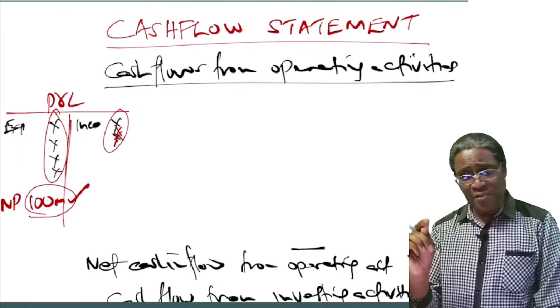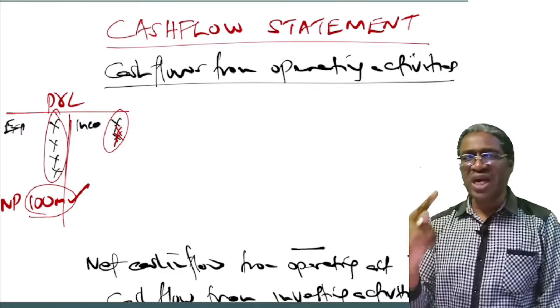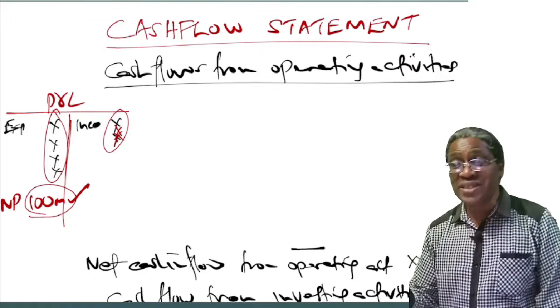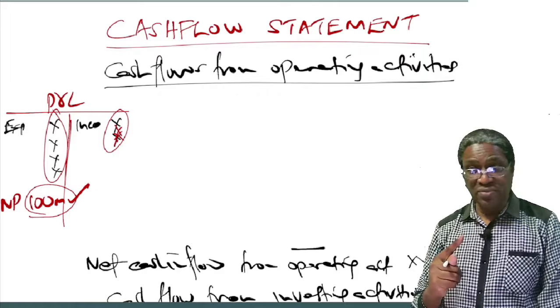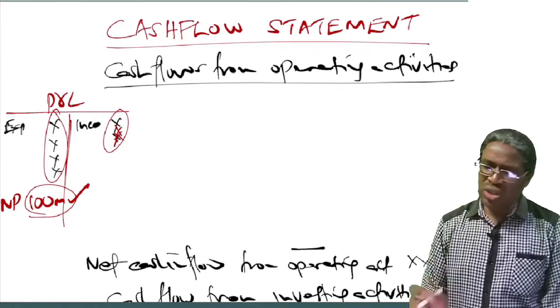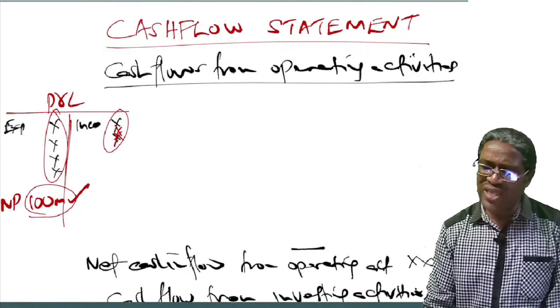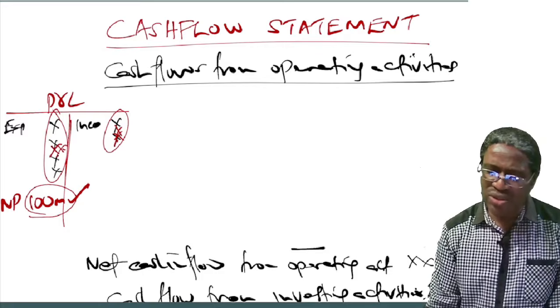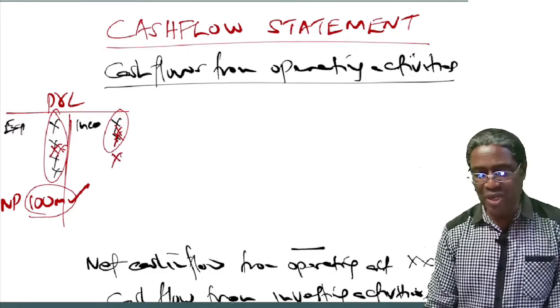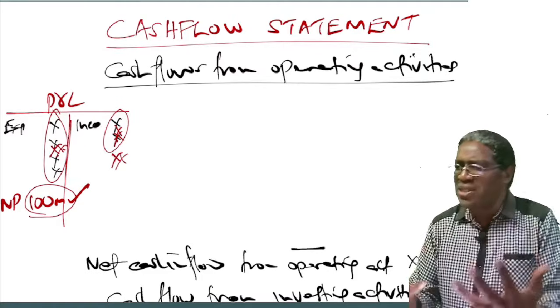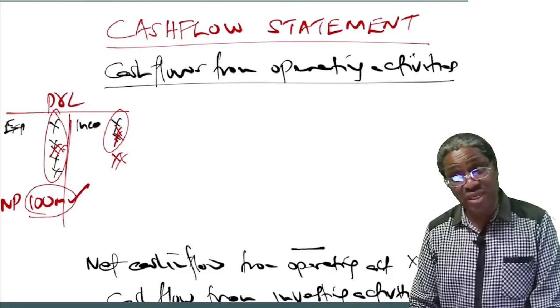But don't forget, we are trying to determine the cash flows from operating activities. You all know there are some items you could have either debited or credited in your P&L account which automatically are not cash items.